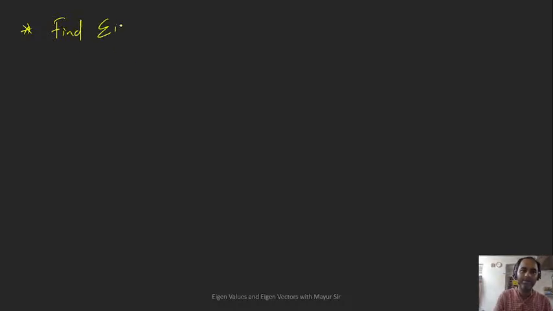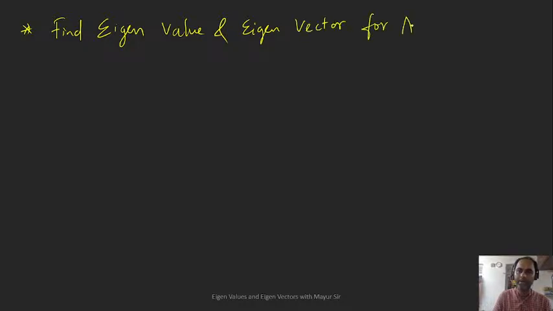Find eigenvalue and eigenvector for A, which is 2 minus 1 1, minus 1 2 minus 1, 1 minus 1 and 2.